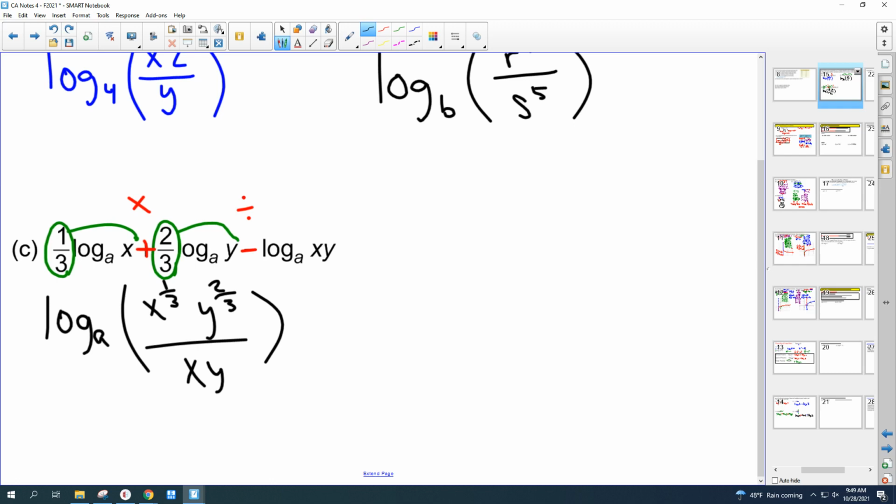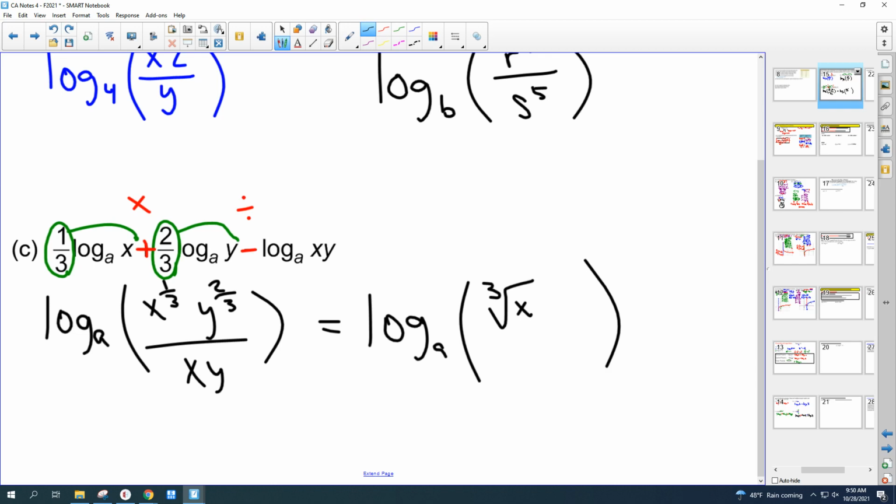But sometimes we don't like fractional exponents. So I'm just going to show you what a 1/3. This is the cube root of x. And so another way of writing that would be like this. Instead of writing x to the 1/3 power, we could write the cube root of x. That's the same thing. That's the 1/3 power. Same thing.